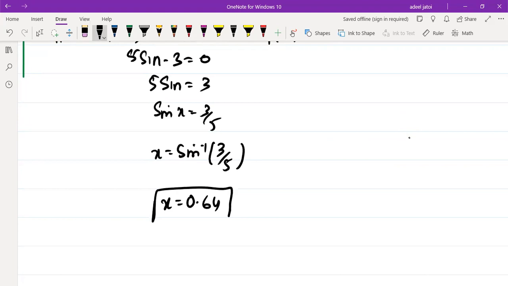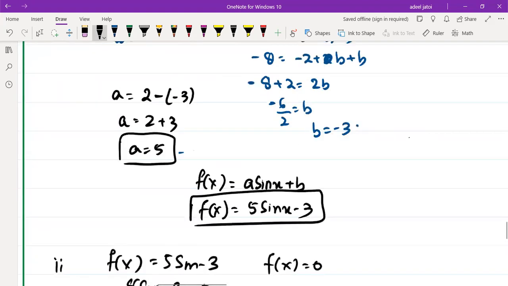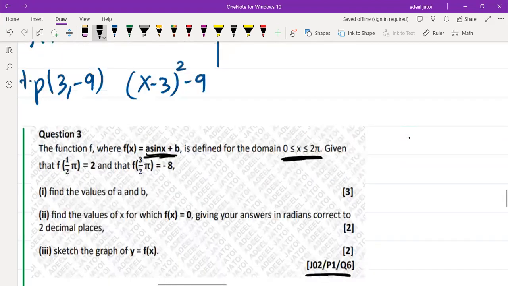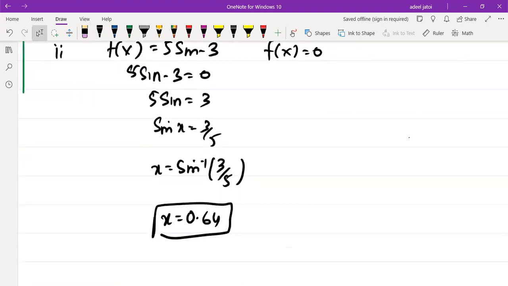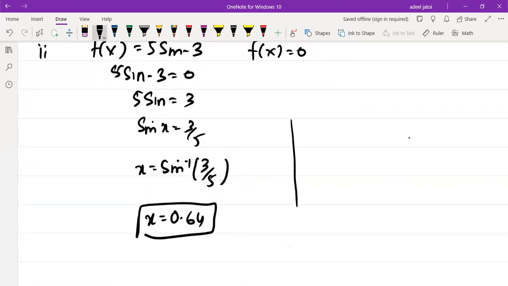x is equal to sin inverse of 3 upon 5. The value is 0.64. This should always be in radian mode when the question clearly tells me that the domain is in radians as well. We need to give the answer up to 2π. Your sine will be positive in the first and the second quadrant, so the first answer is 0.64.